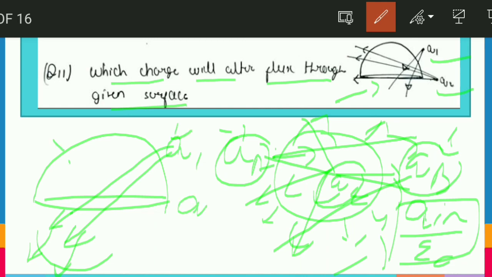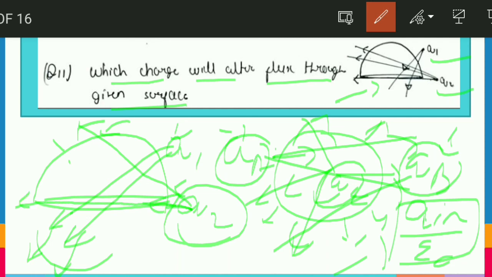But when we talk about Q2, let's say it gives electric field here, you can see that it has an entering effect and also an exiting effect, so it is not able to give extra flux. And one more limiting condition, when it gives electric field in this direction, again you can see that it has an entering effect and exiting effect, so it has no role in the electric flux of this surface. So this is our answer, that this charge is causing the alteration in the flux through the surface.